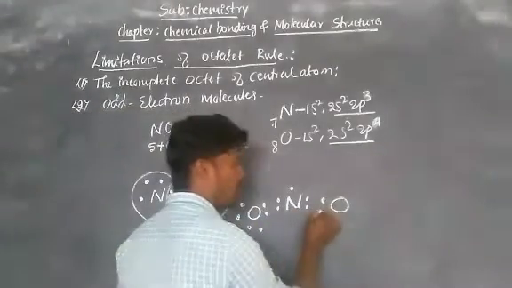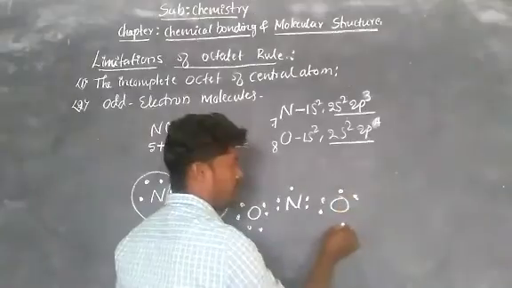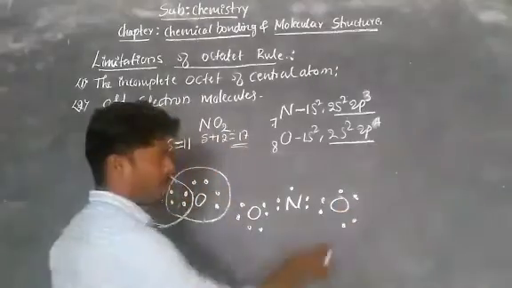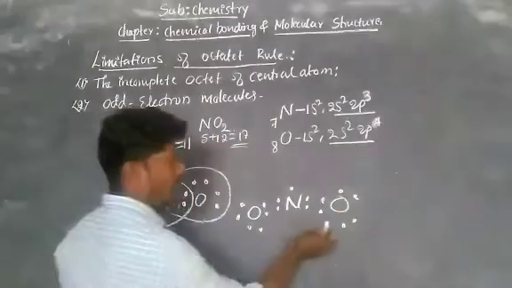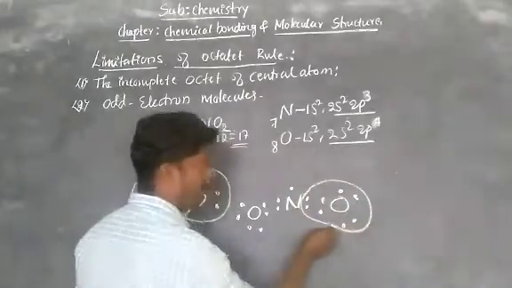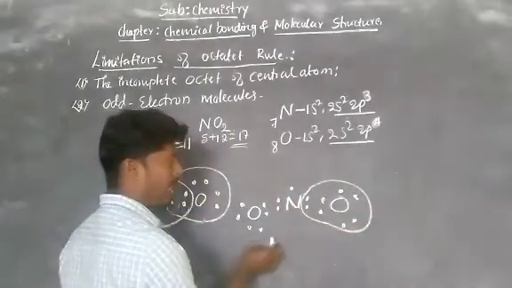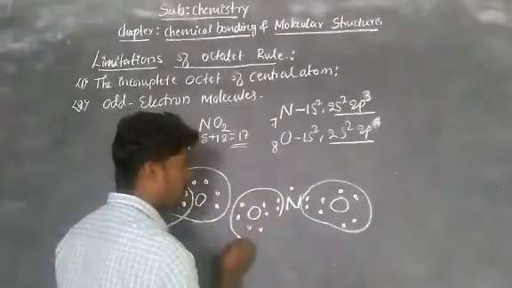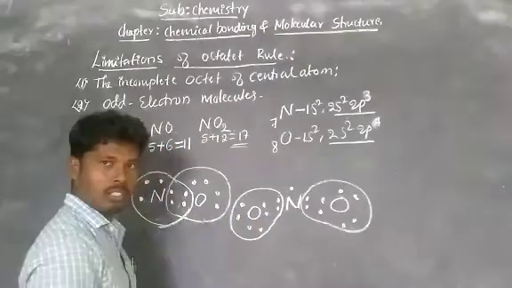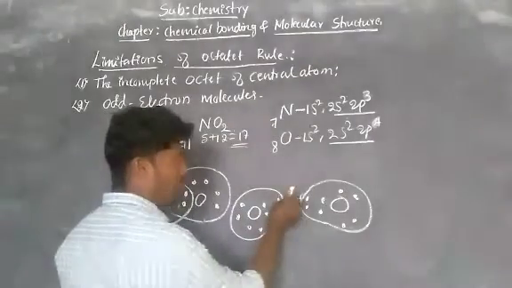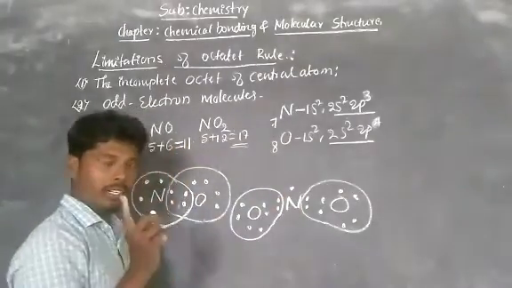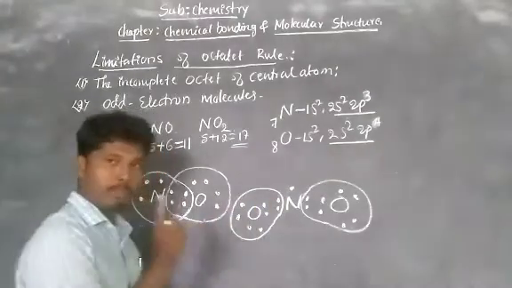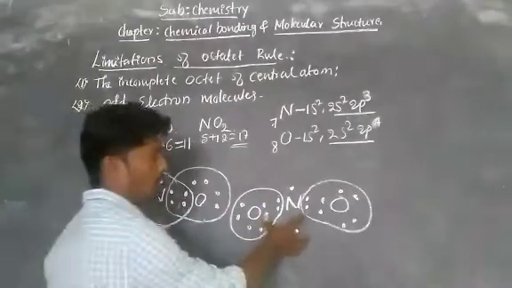Similarly here, 2, 3, 4, 5, 6. Now here around this nitrogen there are 7 electrons. So this oxygen has 8 electrons and around this oxygen also 8 electrons. But for this nitrogen only one lone electron is possible. Hence this is also unstable.